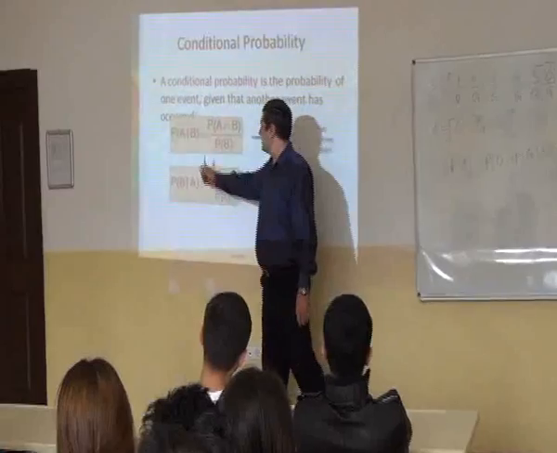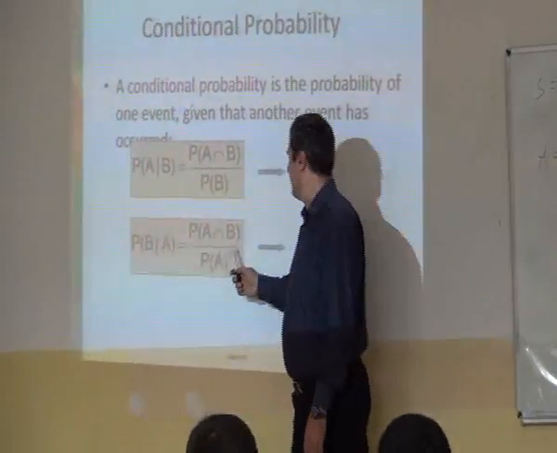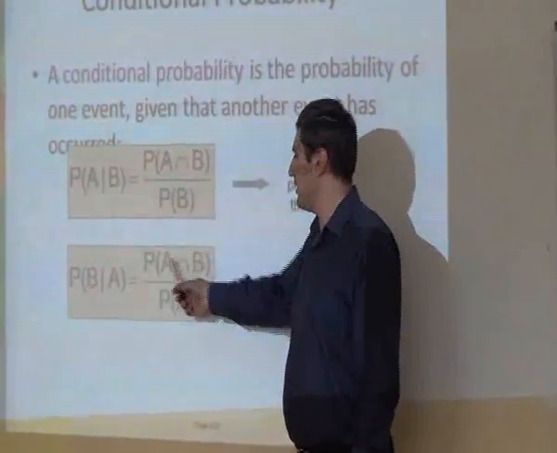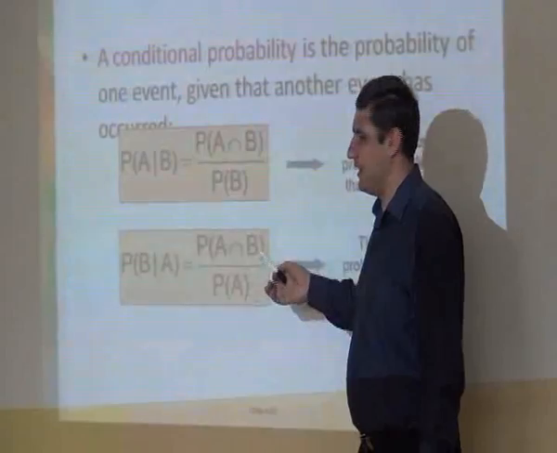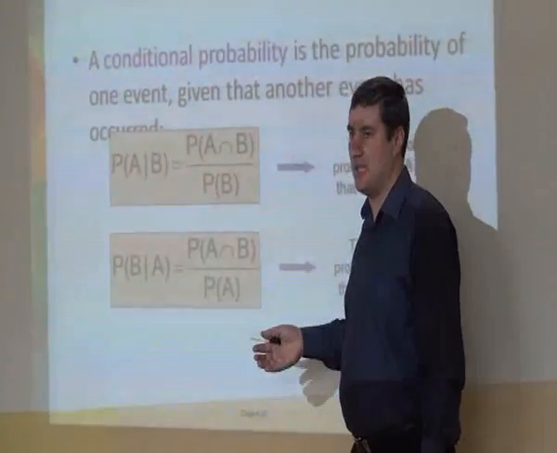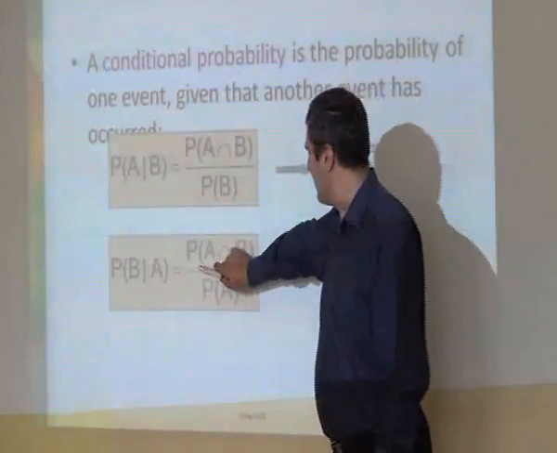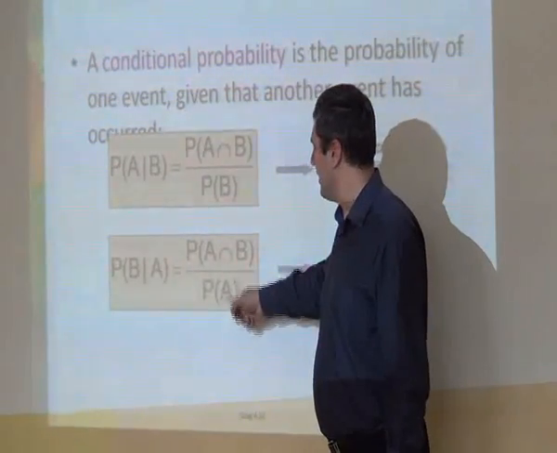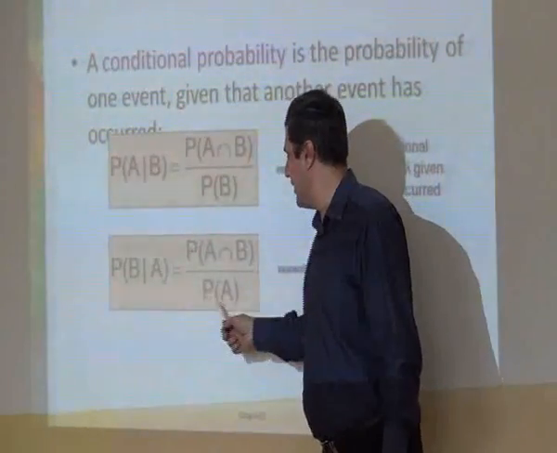And vice versa, when we change the names, this part is not changed because the intersection of A with B is the same as the intersection of B with A. So we just need to change this number here. Here stands B, whatever is given, and here stands A, whatever is given.